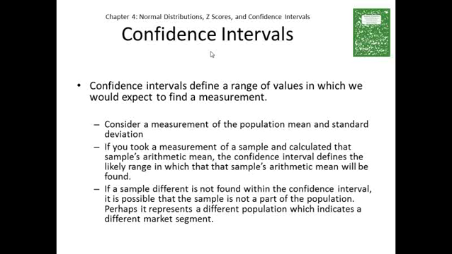Perhaps it represents a different population, which indicates a different market segment. In contrast, if a sample is found within the confidence interval, it is probable that the sample is a part of the population, and it represents simply a normal part of the population, and it's just part of the overall market being served.